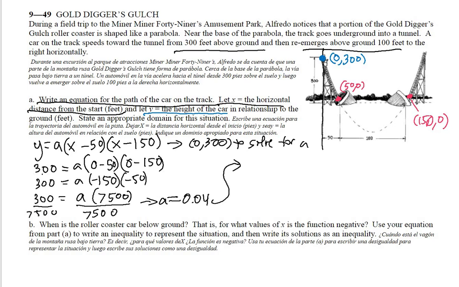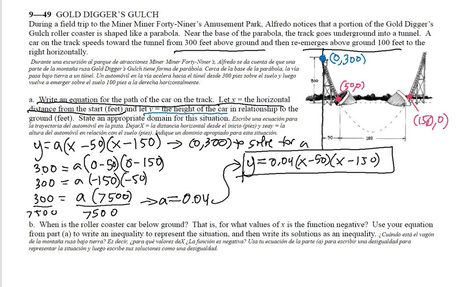So my equation is y is equal to, plug the value of a in, 0.04 times x minus 50 times x minus 150. Box it. And we also need to state an appropriate domain for the situation. Based on what's on this drawing, and the fact that parabolas have symmetry, I'm going to assume that this height is the same as that height.